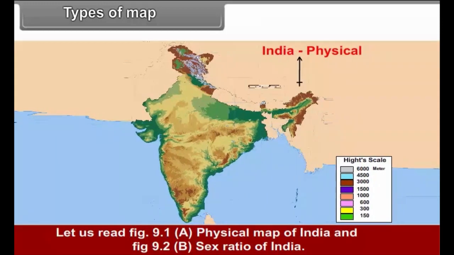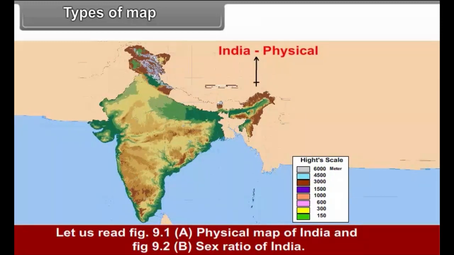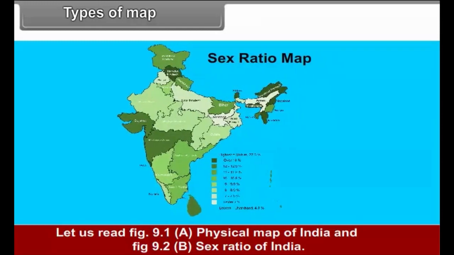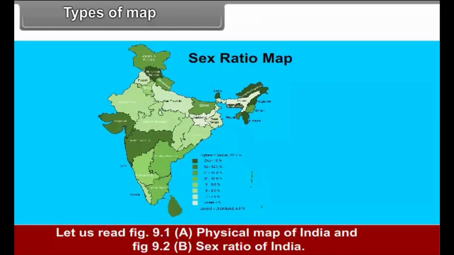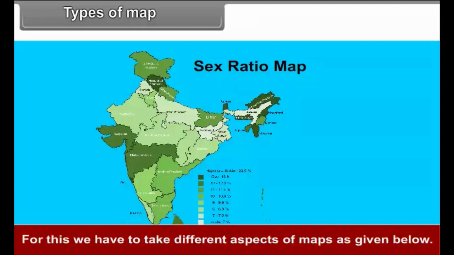Let us read Figure 9.1a, Physical Map of India, and Figure 9.2b, sex ratio of India. Both the maps are different. So let us try to read them separately. For this, we have to take different aspects of maps as given below. Map in figure 9.2b.